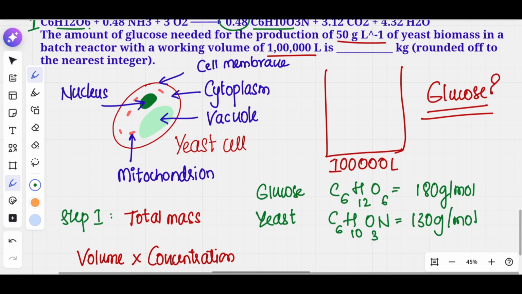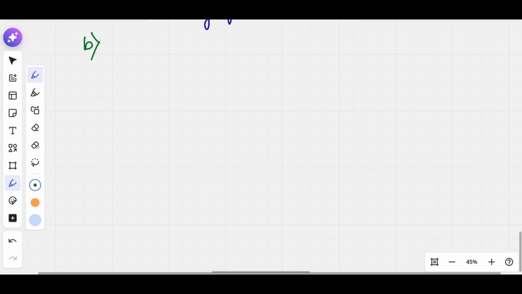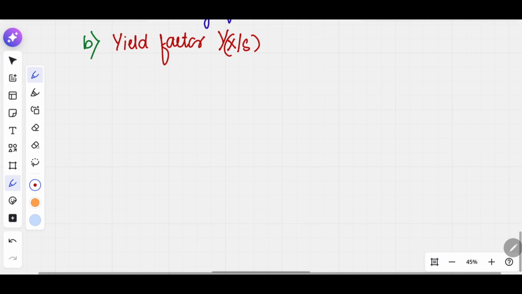Next, let us calculate the yield factor. What is Y X bar S? X is the biomass and S is the substrate. Here's a pro tip for these exams. Find out the yield coefficient. This tells us how many grams of yeast we get per gram of glucose.